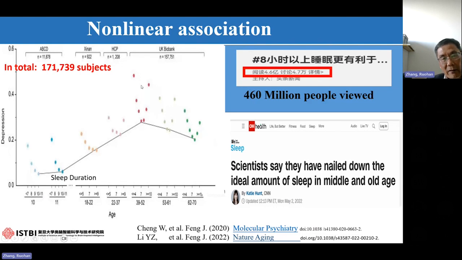Sleeping too little is not good for your brain, and too much is not good either. The optimal sleeping duration is 7 hours. It's almost universal: 7 hours is the best sleep duration for your brain.